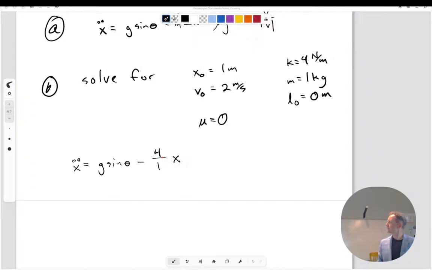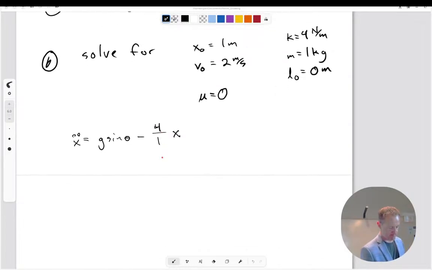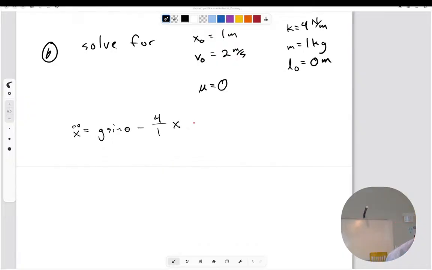So 4 Newton per meter over 1 kilogram, and then also minus 0 times g cosine theta. How do we solve this problem?